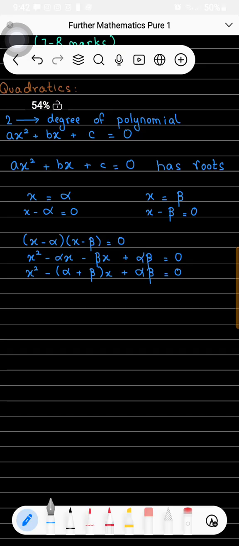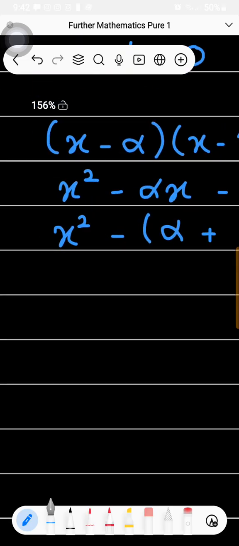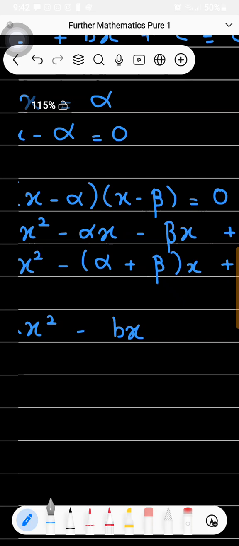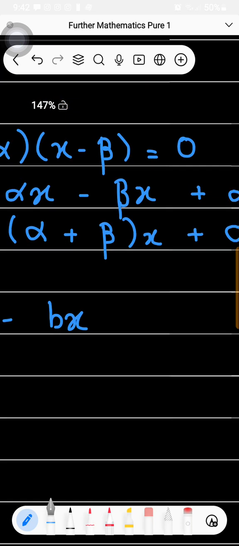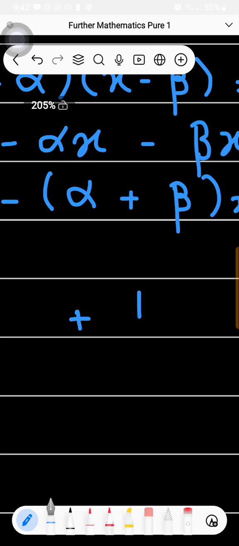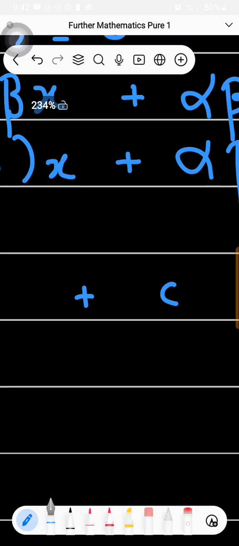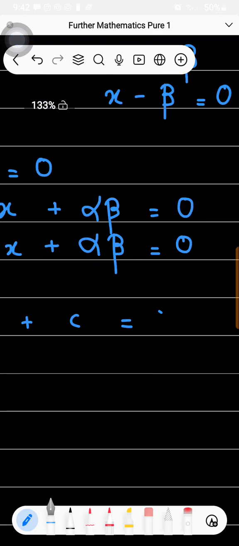Now compare it with ax square plus bx plus c equal to 0, that's the general equation of a quadratic.